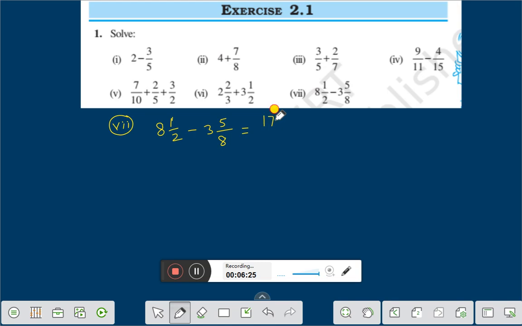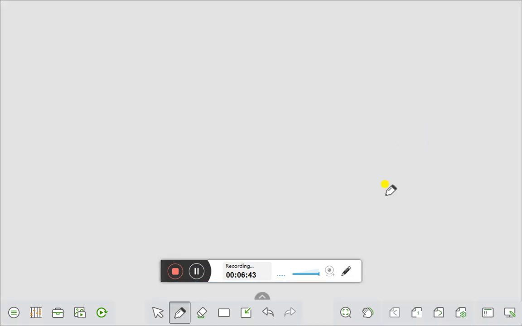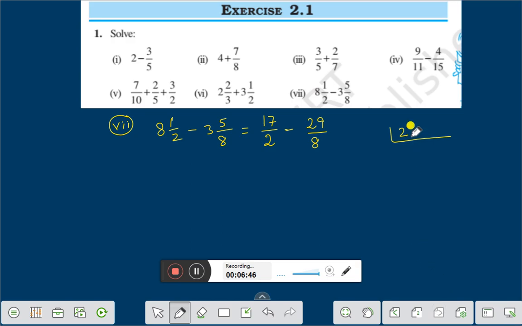That is 17 by 2 minus 3 eights are 24, 24 plus 5, 29 by 8. Now the LCM of 2 and 8.